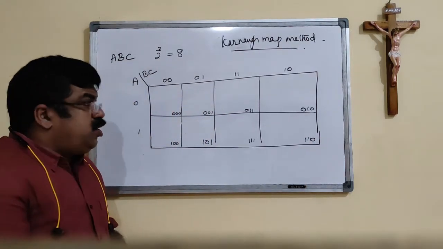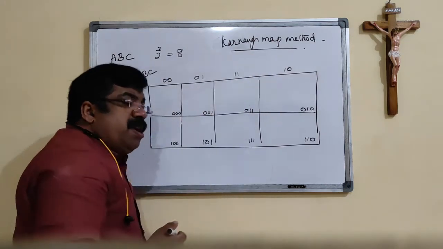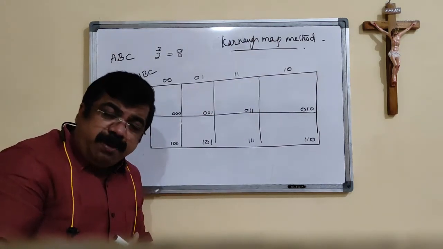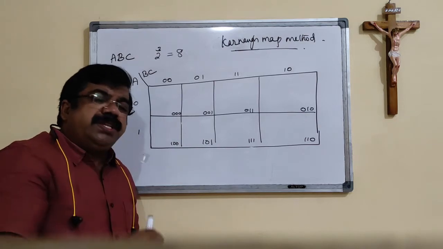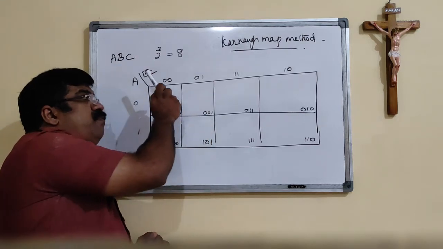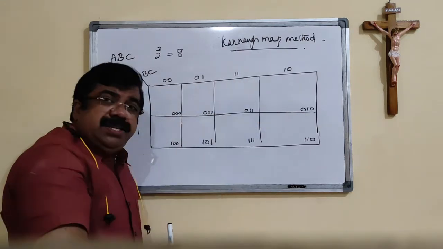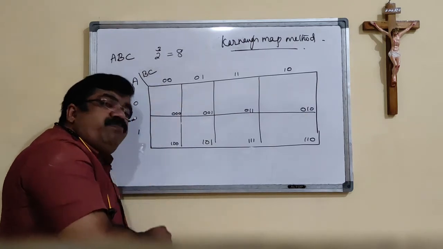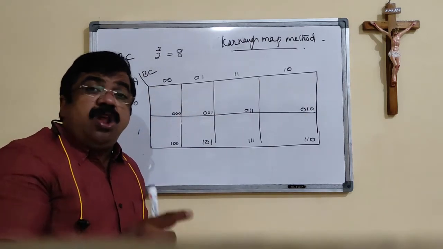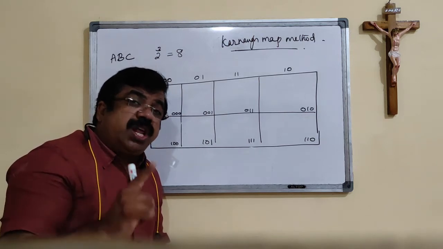See, just now I told you these numbers are not following the binary progression. The reason is that when we are moving from left to right or from top to bottom, only one place is allowed to change.